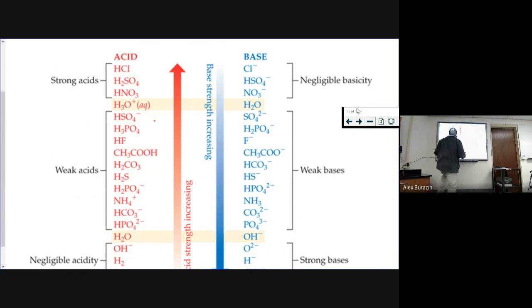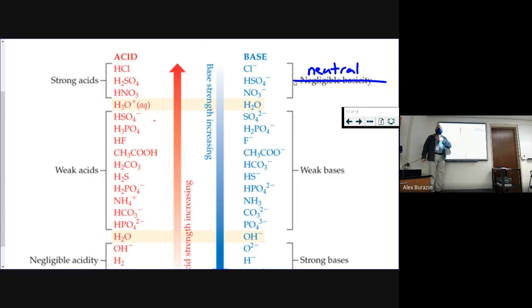If you have a strong acid, okay, these aren't all of them, but these are some of them. If you have a strong acid, its conjugate base is going to be negligible. Well, what I will say is neutral. Okay?